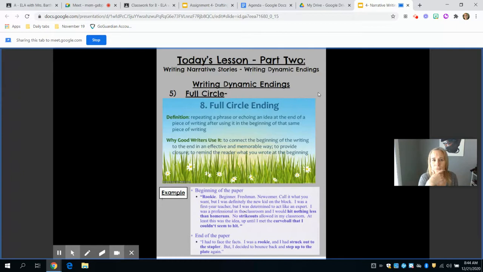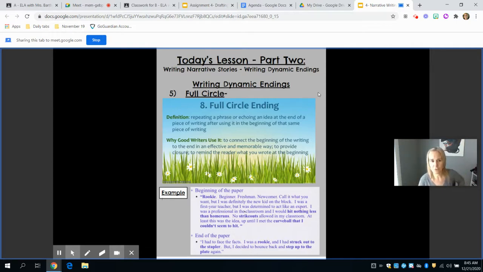And number 5 is a full circle ending. Okay, so what a full circle ending is, you have to kind of use this at the beginning of your story too. So you might use a phrase in your first paragraph, and then at the end of your story, you're going to use that same phrase or a very similar phrase or idea.